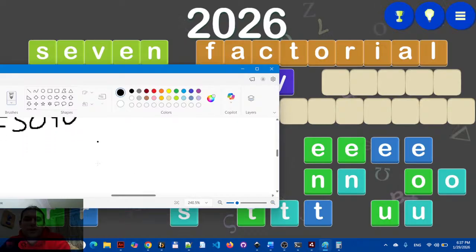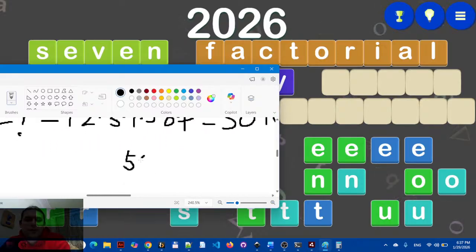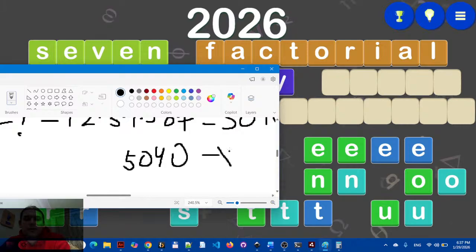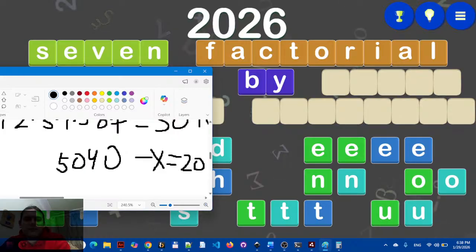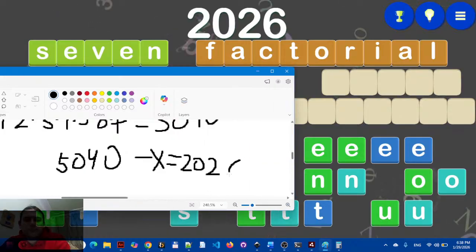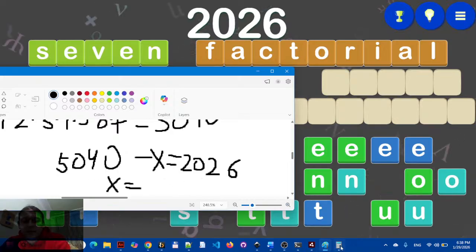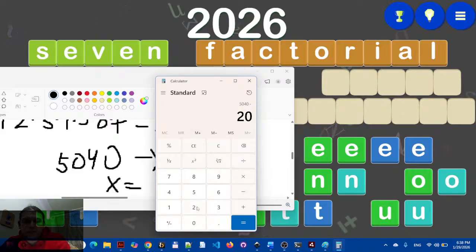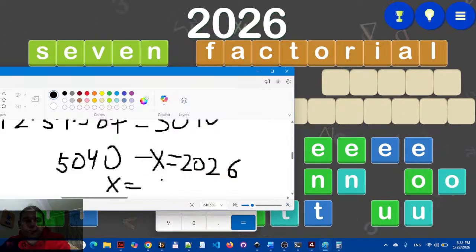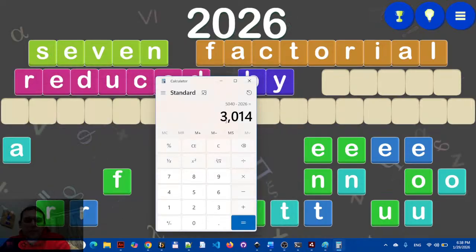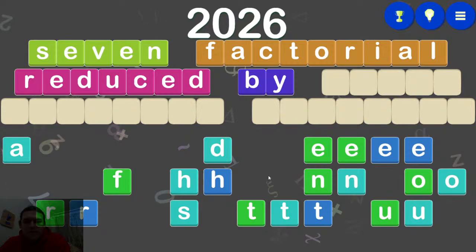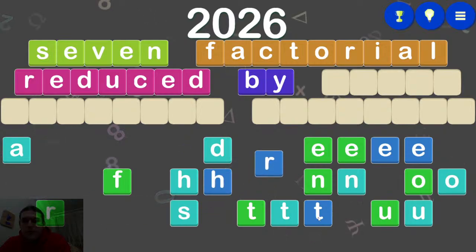So we see that 5040 minus x is 2026. So x is 5040 minus 2026, which is 3014, almost like pi, yeah? So let's find out how can we get this 3014. So we have 3, yeah?